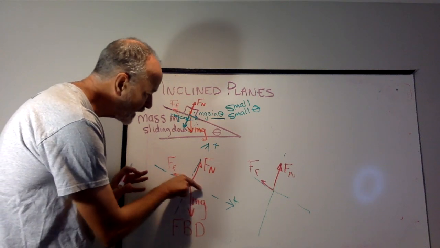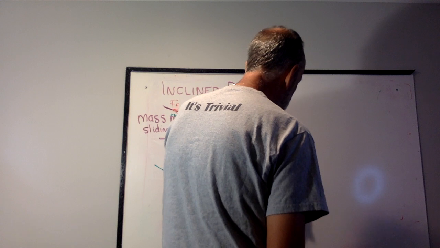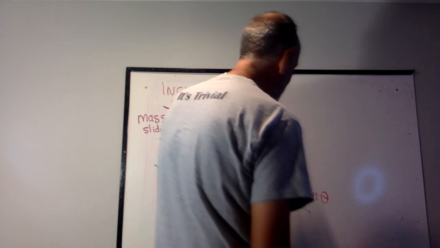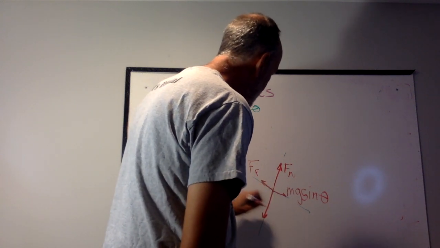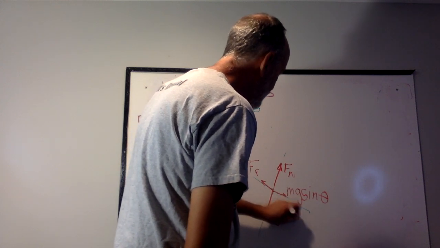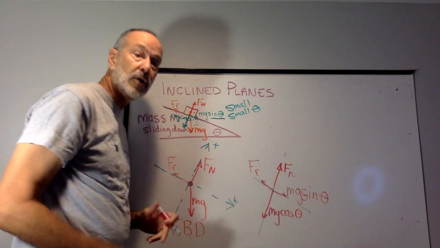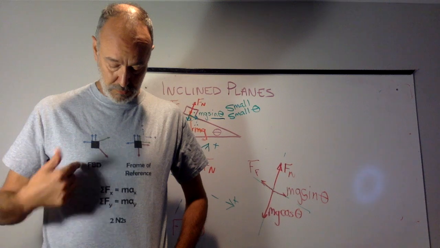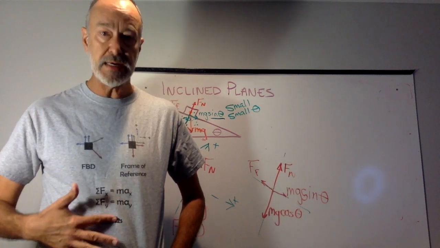I've said, okay, mg sine theta is the part of that down the ramp, the one we fight when we're climbing. And mg cosine theta is how much of the force of gravity is pushing into the ramp. Now, this ends up taking us in the same direction we always have. We've gotten these two.